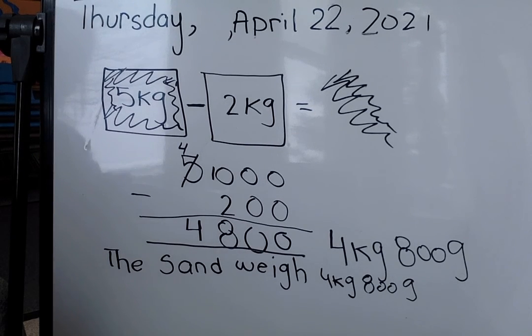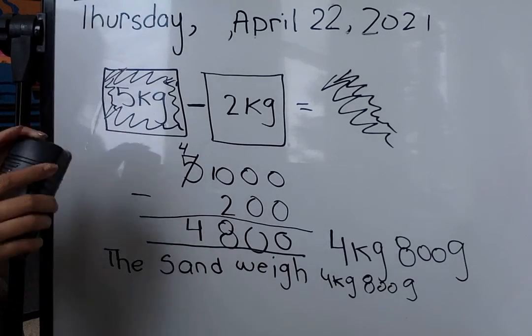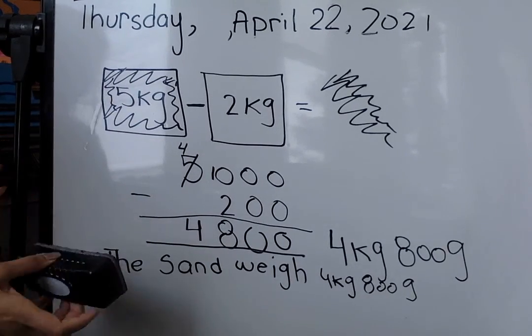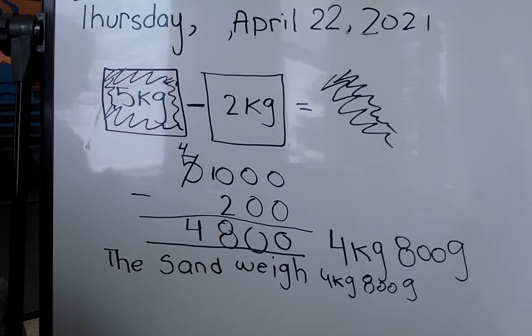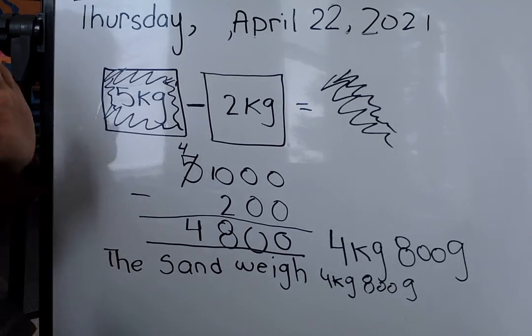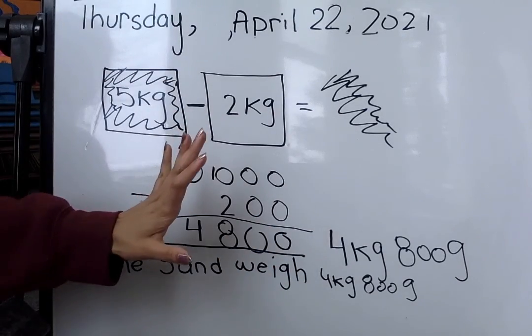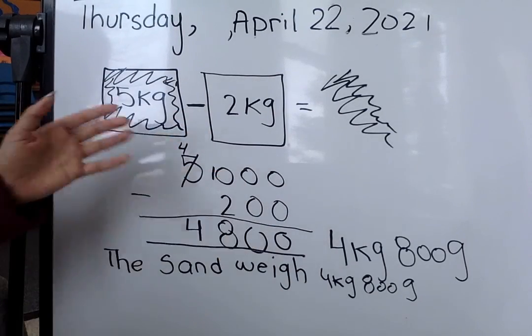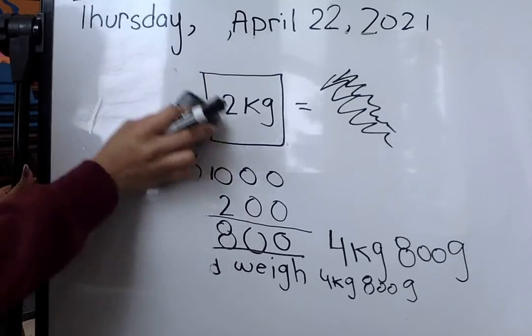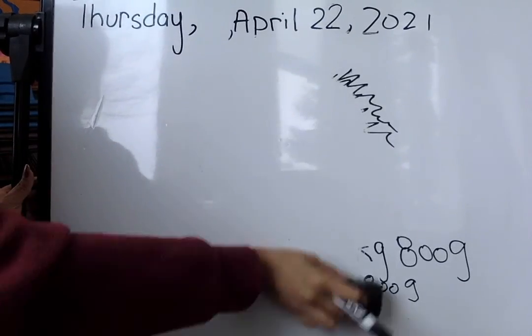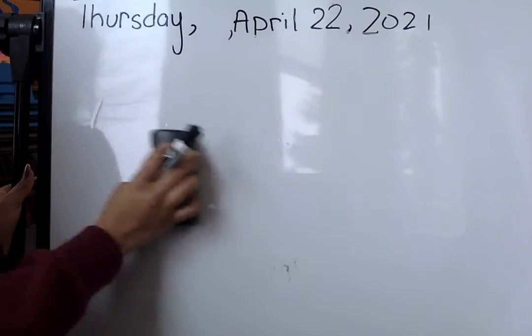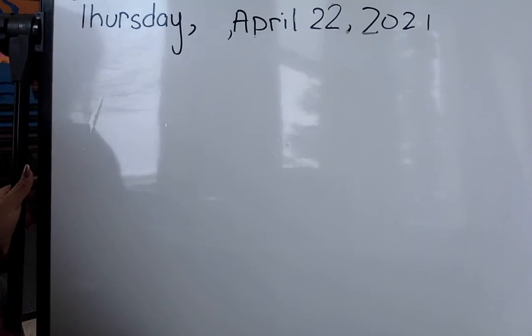Let's move on to our next question. Again, grades 3, if you think I'm moving too fast, this was question 10. If you think I'm moving fast or you're not done writing, just pause the video and then you can move on, okay? So always pause if you need more time to write down or copy.